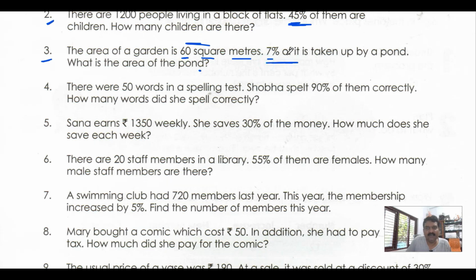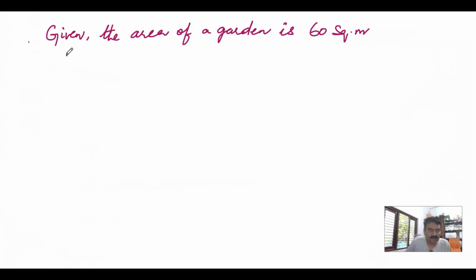7% of it is taken up by a pond. So now see, 7% of 60 square meters, right?